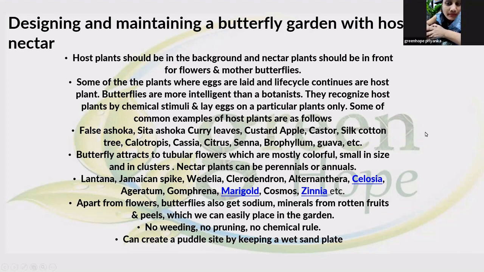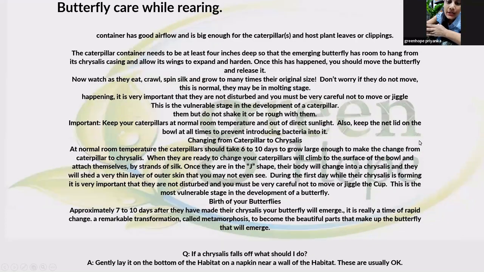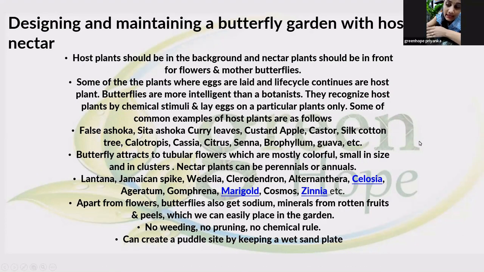She's very intelligent. She will touch other plants with her legs, and she knows instantly that there is a host plant here and she needs to lay eggs. So if you have a host plant, she will lay eggs on it too.